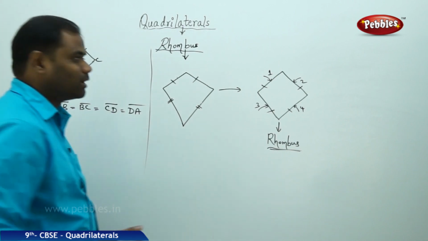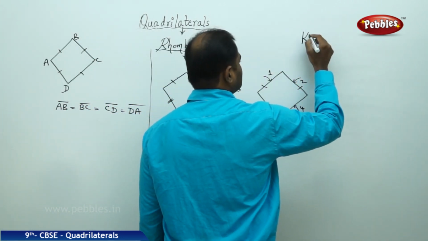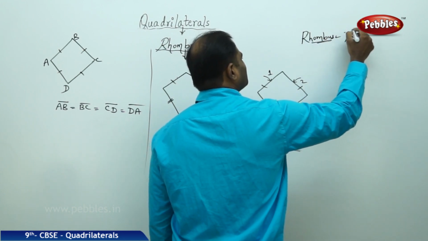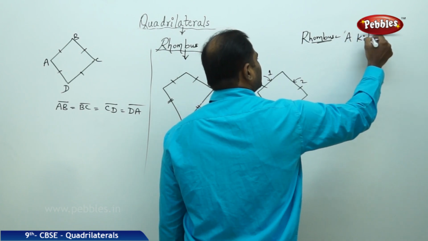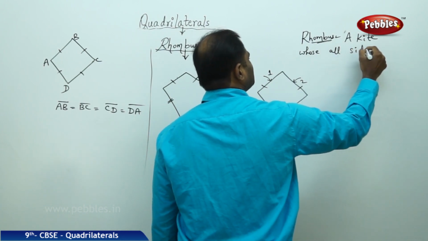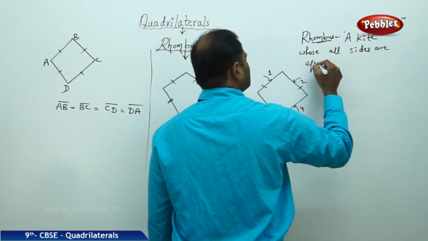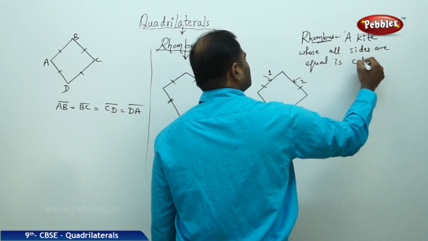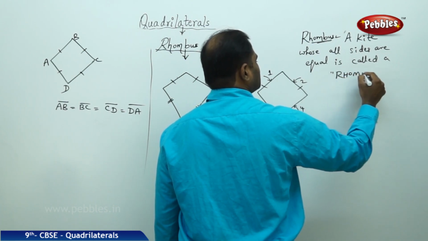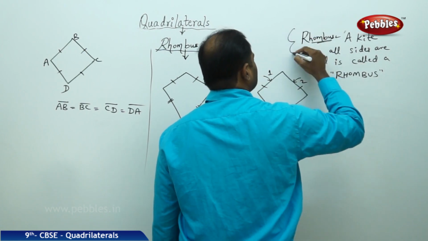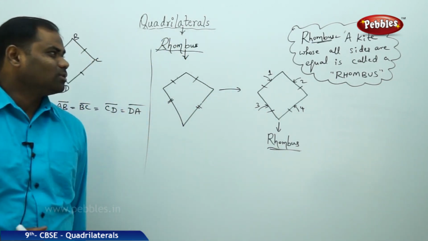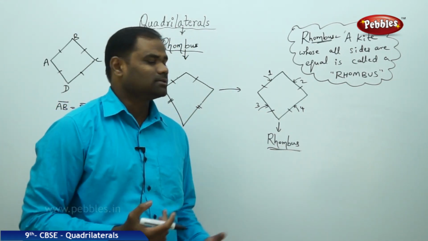Let's communicate in words. A kite whose all sides are equal is called a rhombus.